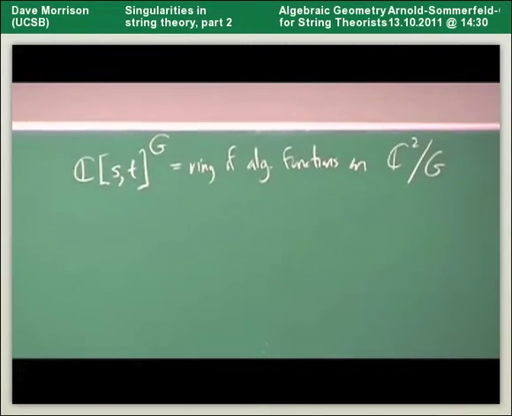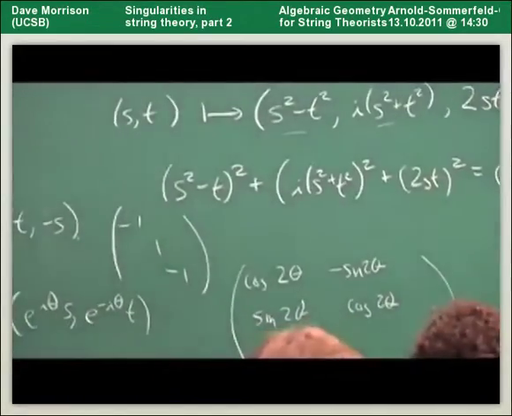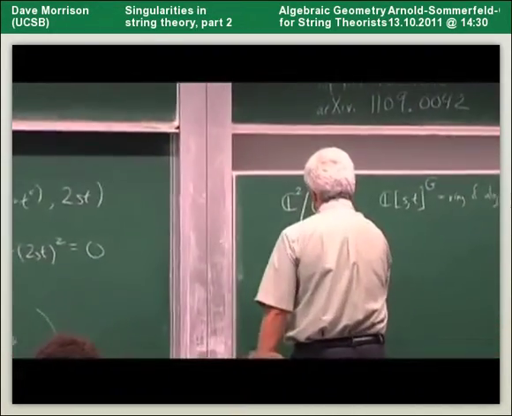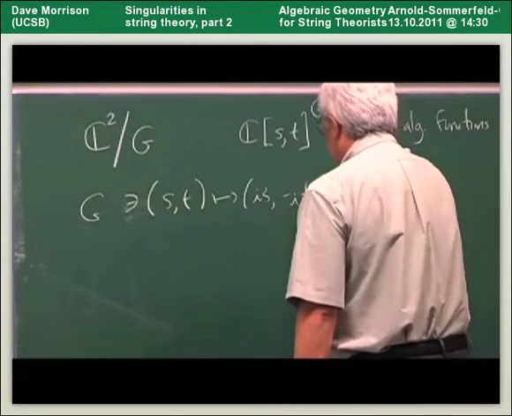So let's see. First I want to take a subgroup. G contains, to get that 180-degree rotation with this cos 2 theta business, I actually need to use a 90-degree rotation here. So I need to point out that G contains the transformation (s,t) goes to (is, -it).